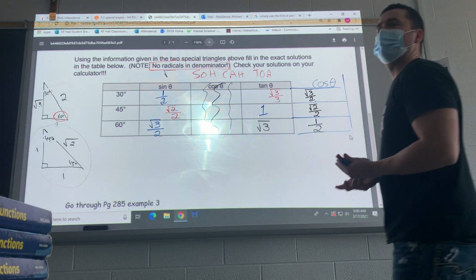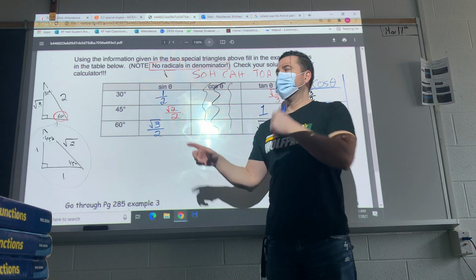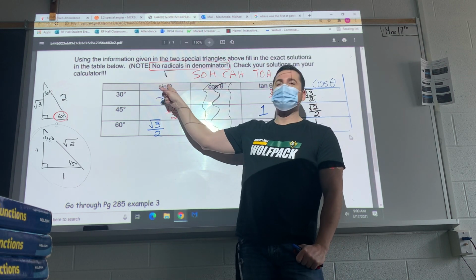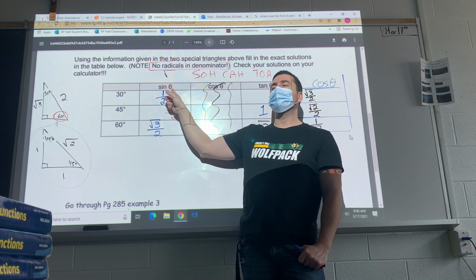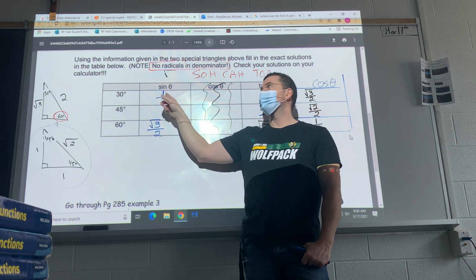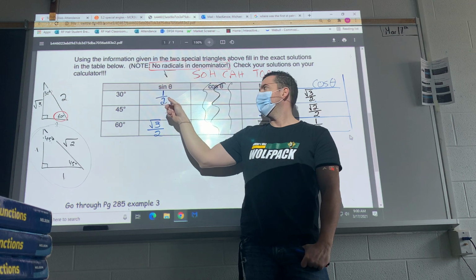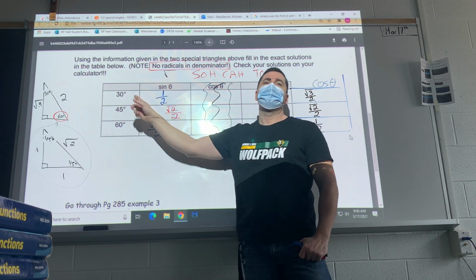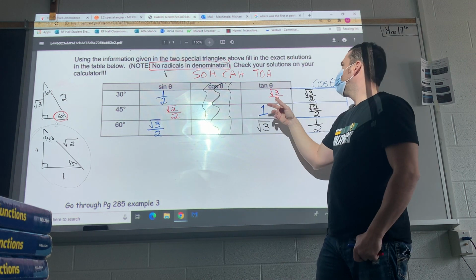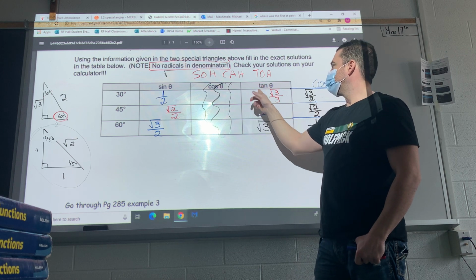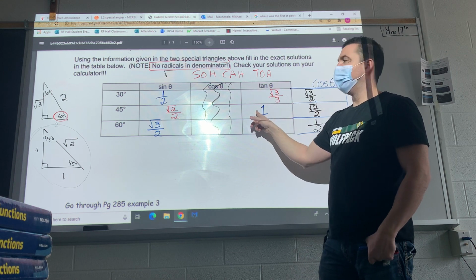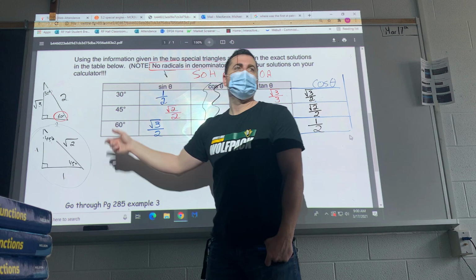And you can always check your answers. If you want to go backwards, just punch inverse sine of a half. Inverse sine, because you're finding the angle, going opposite. If you did inverse sine of 1/2, you'll get 30. If you did inverse tan and pressed 1, you'll get 45.